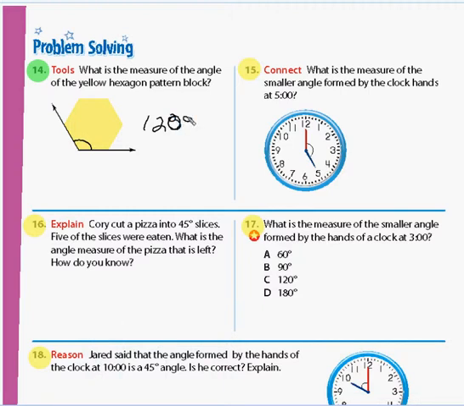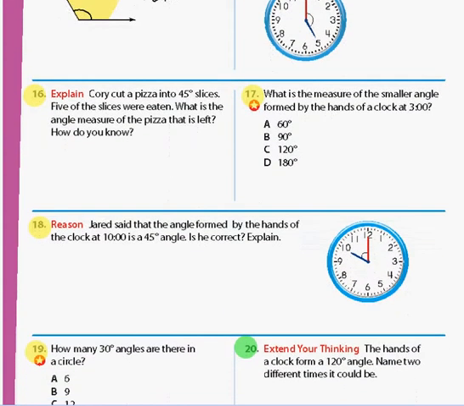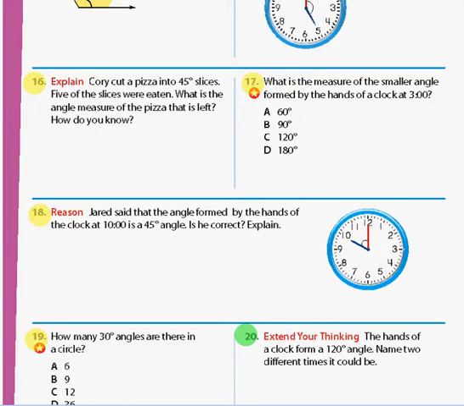120 degrees. Number 15. What is the measure of the small angle formed by the clock hands at 5 o'clock? Question 16. Corey cut a pizza into 45-degree slices. 5 of these slices were eaten.